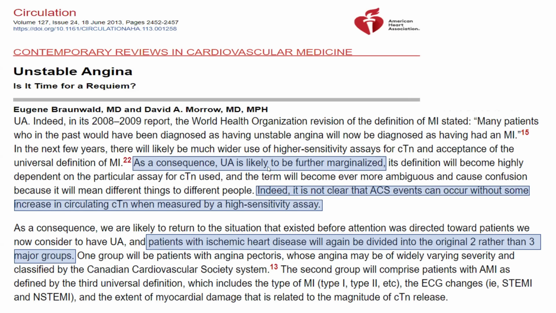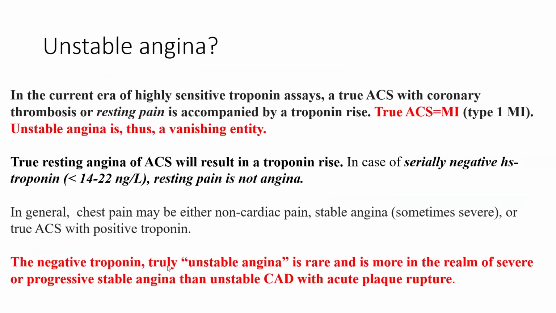As a consequence, unstable angina is likely to be further marginalized. Indeed, it's not clear that ACS events can occur without some increase in circulating troponin when measured by a high sensitivity assay. And patients with ischemic heart disease will again be divided into the original 2 rather than 3 major subgroups, the 2 being stable CAD or ACS-MI.